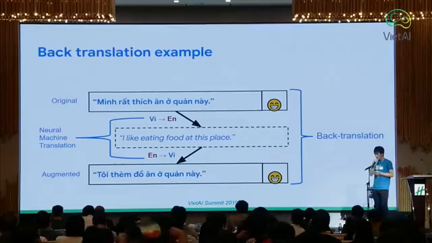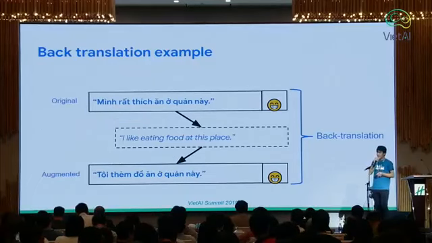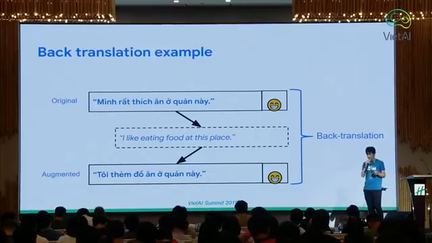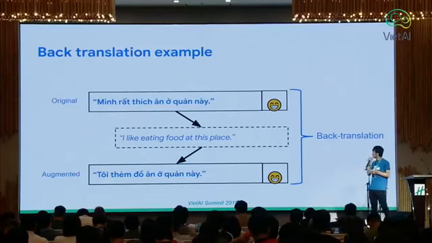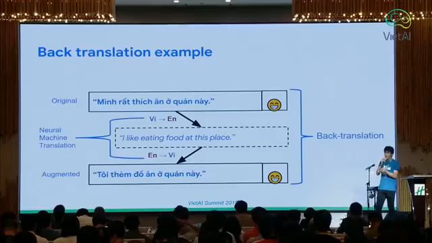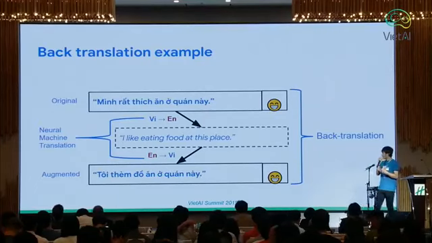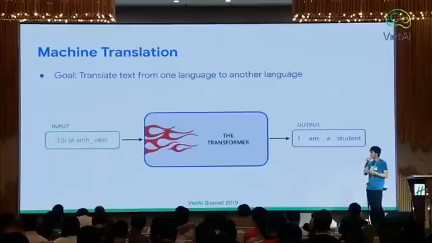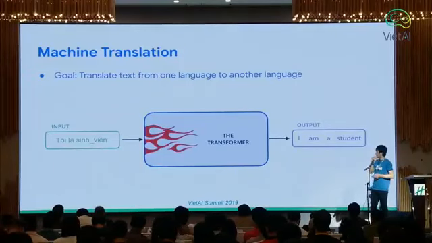Okay, so we understand the process of back translation, but the key thing here is that we need to train two translation models: from Vietnamese to English and from English to Vietnamese. For the machine translation task, we make use of the transformer, which is the current state-of-the-art architecture in machine translation.